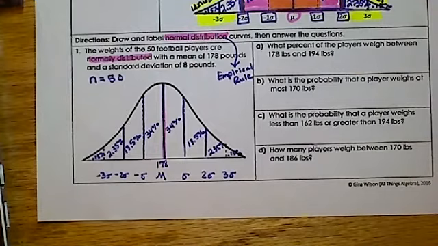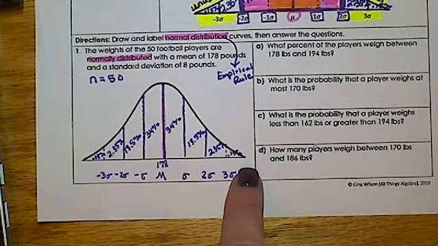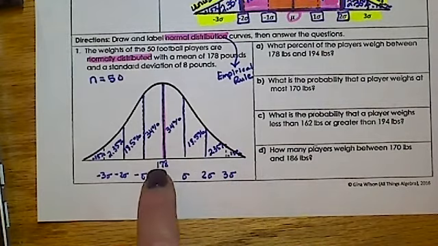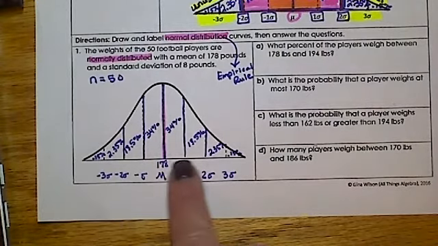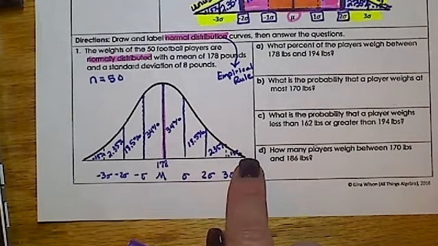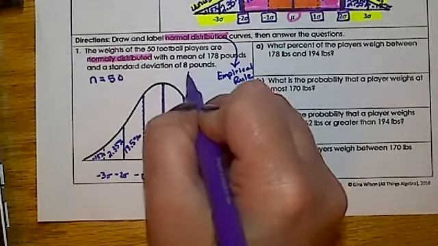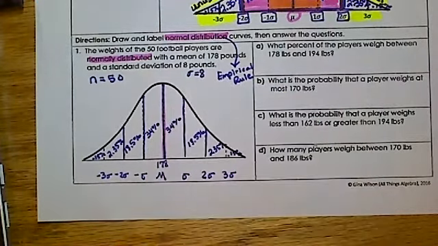So what that means is when you're going to the right, they're getting bigger by 8 pounds. When you're going to the left, they're getting smaller by 8 pounds. Okay, so this would go in order as a pattern of 8. So the standard deviation is 8.